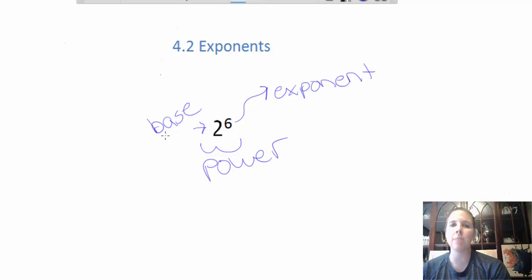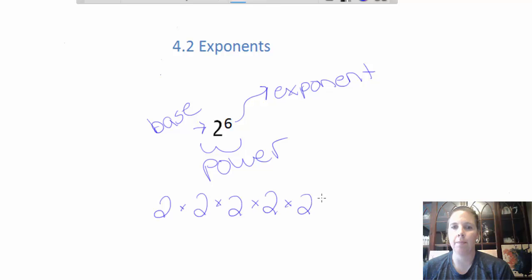Okay, so what this means, this does not mean 2 times 6. If it meant 2 times 6, they would have written 2 times 6. They didn't. It is 2 to the power of 6. So 2 times 2 times 2, 6 times. Okay, this is an exponent form.